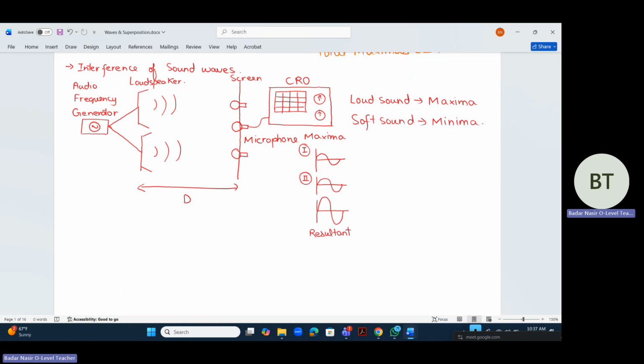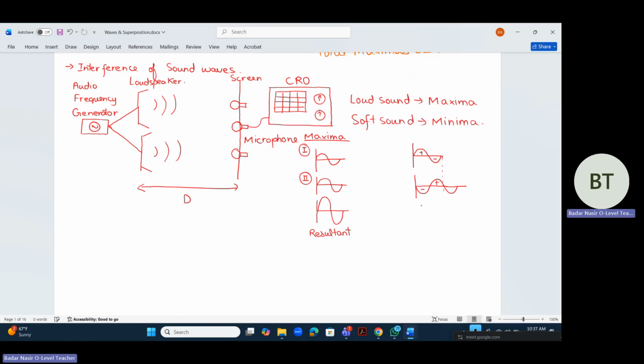Okay, when do we have a minima? So minima के लिए let's say this is a first wave, let's say it's a, and we have another wave, yeah, like this. ठीक है? So what happens to the resultant? अब देखो जब यहाँ पे positive है इधर negative है, जब इधर negative है इधर positive है.